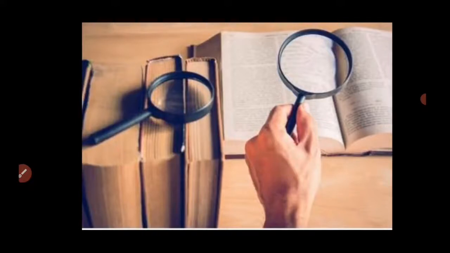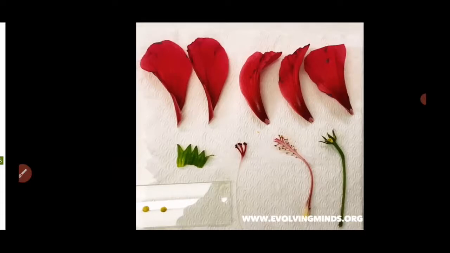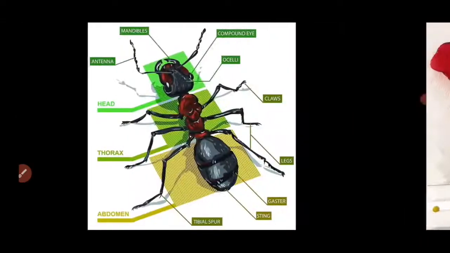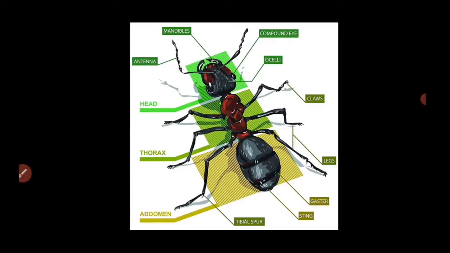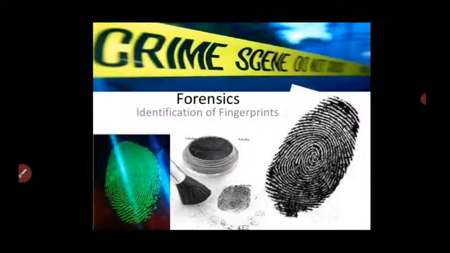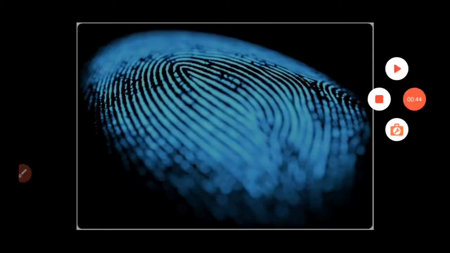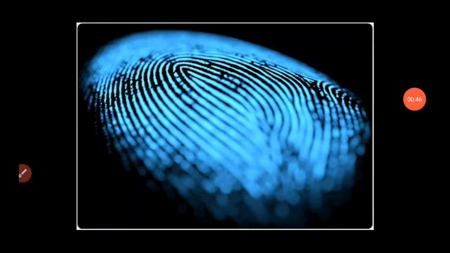A simple microscope is also used to observe parts of flowers and parts of insects, and to find fingerprints in the field of forensic science. Uses of simple microscope is an important 2 mark question.